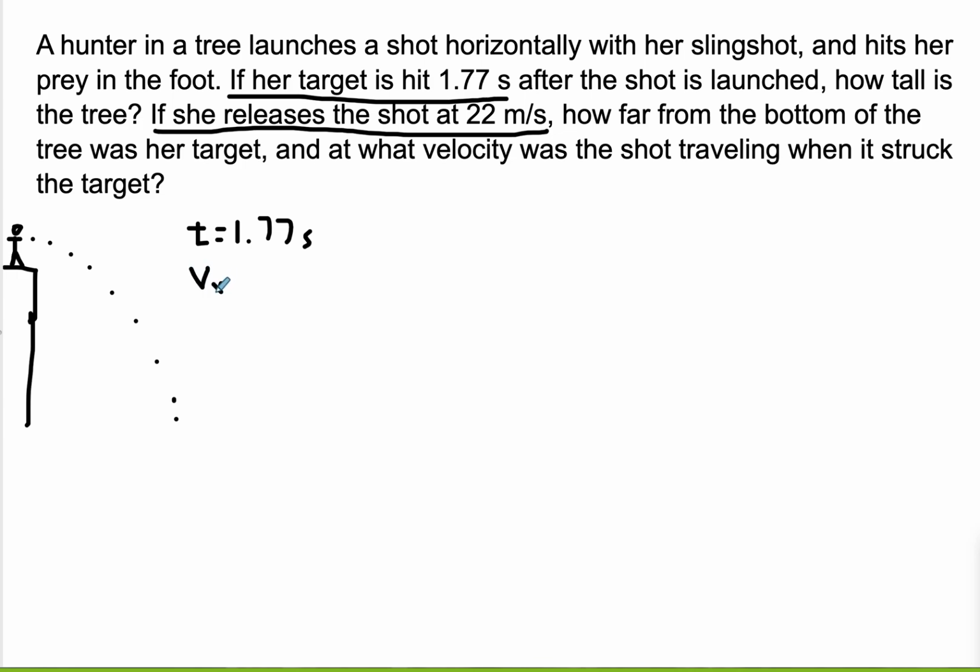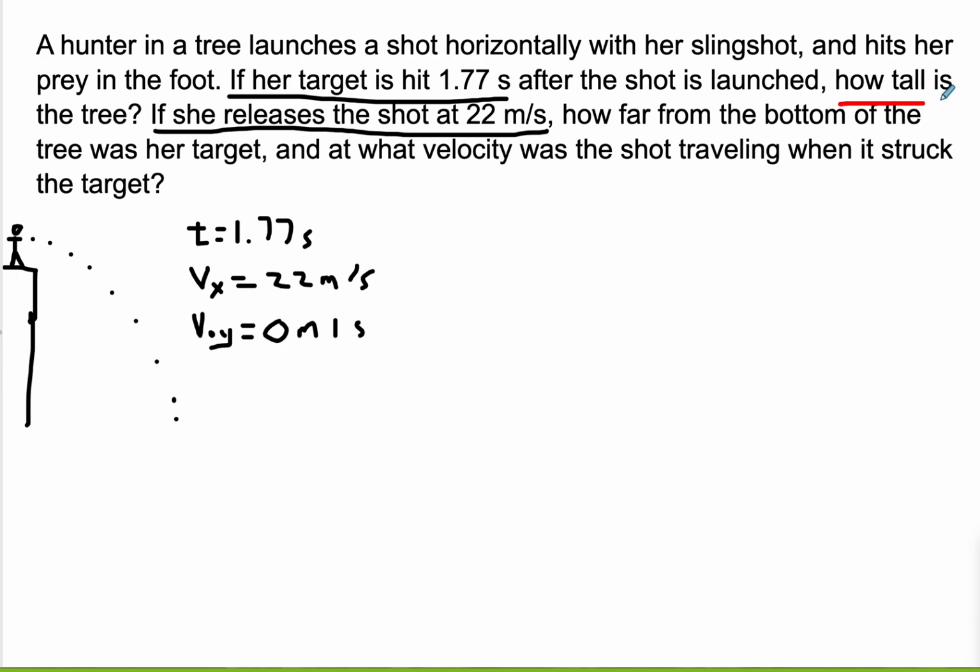That's not going to change. So we know Vx is 22. We might as well write down right now, just so that we remember it, because we're firing this horizontally, for one very brief moment in time, at the very beginning, the speed in the up and down direction, in the y direction, is going to be 0. Okay?